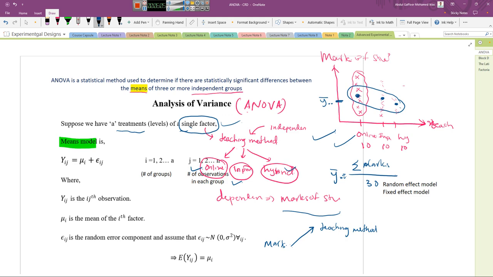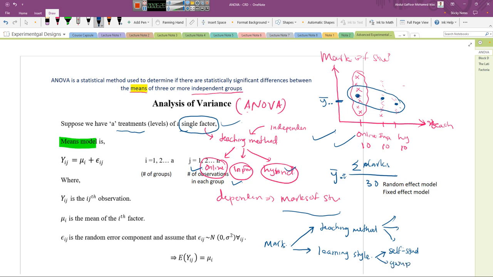For the teaching method we have three treatments, or three levels, and the marks of the students can also depend on the learning style of the students. The learning style means, like, self-study and group discussion, right?